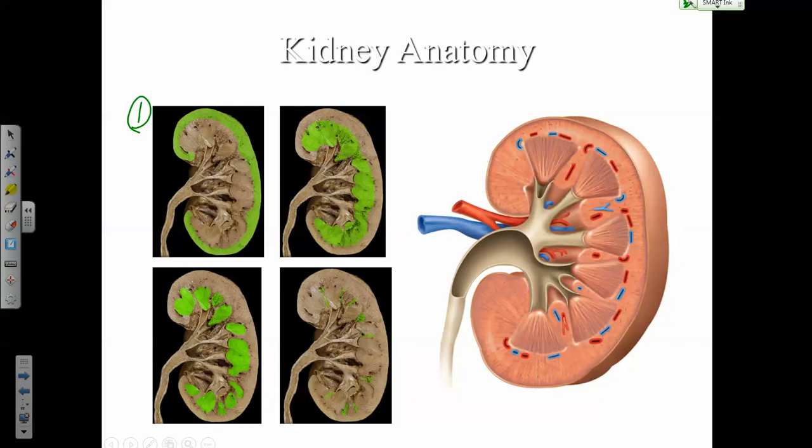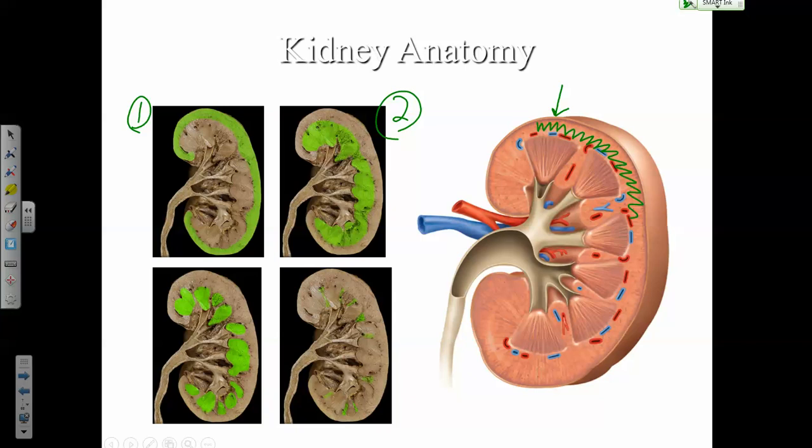That's called the renal cortex. It's just underneath the capsule. So on the picture on the right, this would be the renal capsule, and then the cortex is underneath it. And then the second picture is showing what we call the renal medulla.